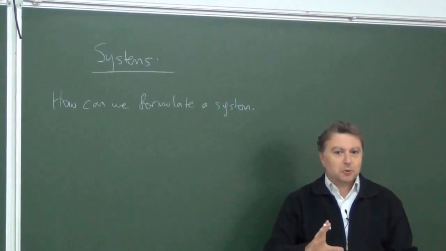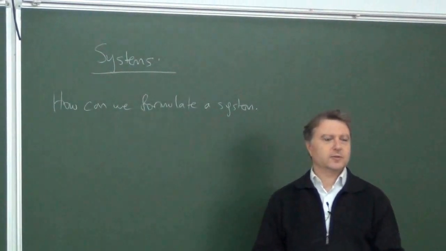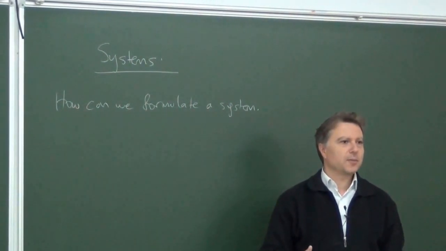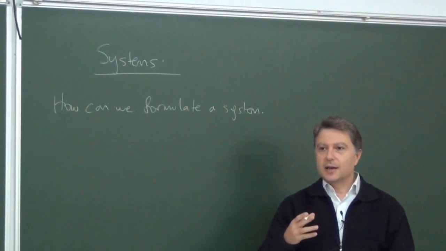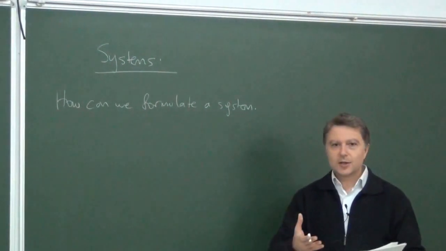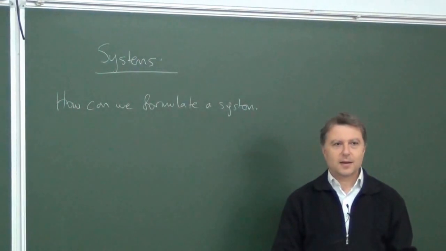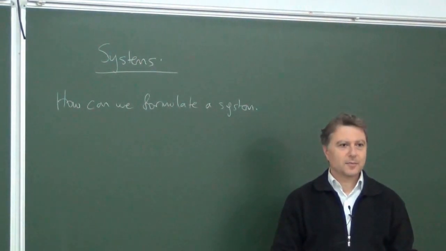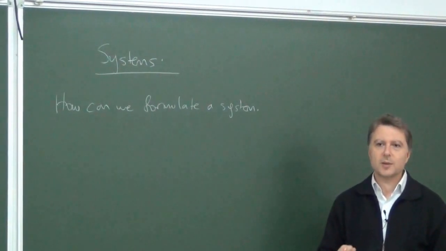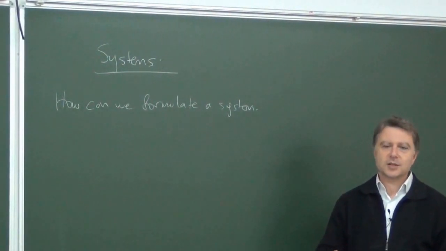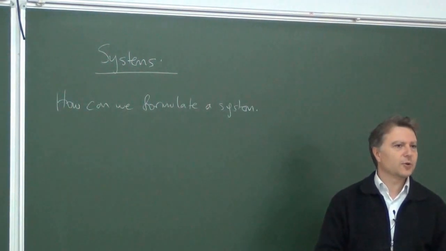Suppose you designed a system and you solved the problem, an engineering problem of your boss. And then your boss asks you, okay, show me the system, or explain. How do you explain? How do you describe a system? What are the description methods that you know for systems?